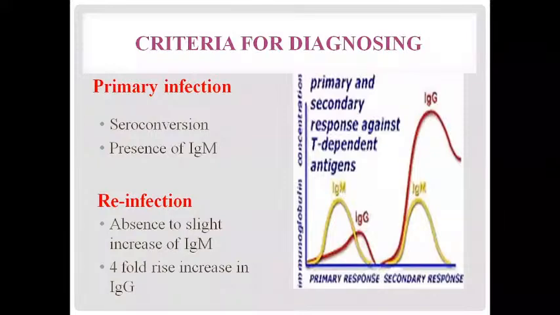So looking at acute infections, the most critical thing is to look for the presence of IgM. But when you are looking at a chronic infection, you cannot expect to pick up the IgM, but rather you pick IgG. But in the case of an infection, like I've said, you can expect an increase of the IgM, which can sometimes be a fourfold rise.